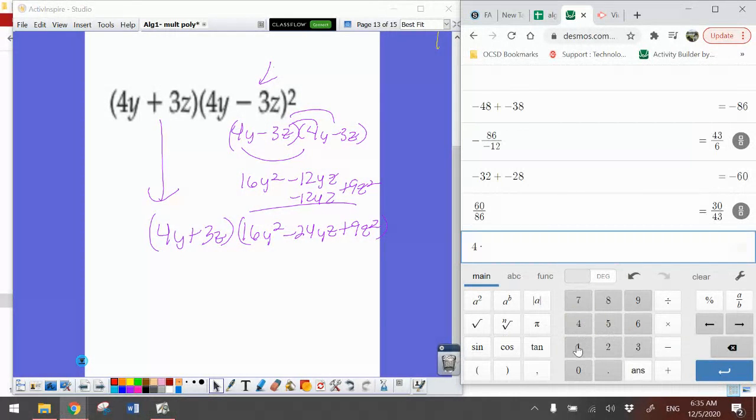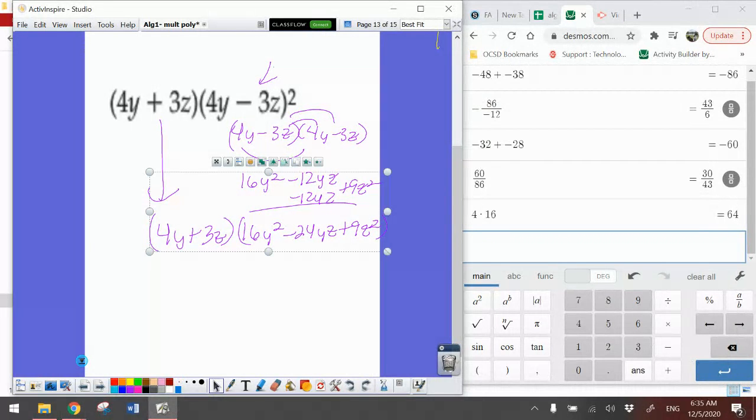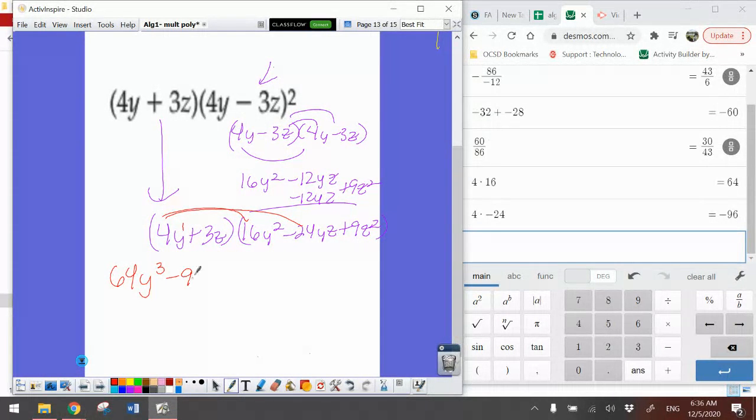So 4 times 16 is 64. So 64y cubed, because that's a 1 and a 2. 4 times negative 24 is negative 96. And that is going to be a y squared z. And 4 times 9, that's a 36. And it's a yz squared.